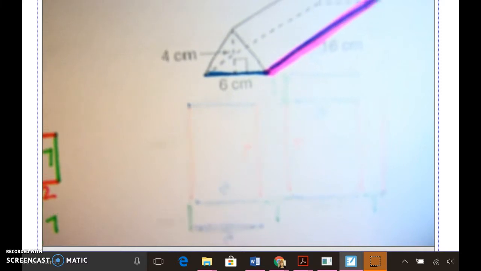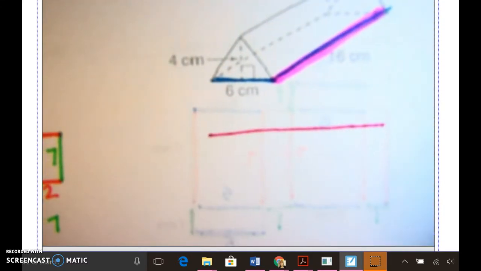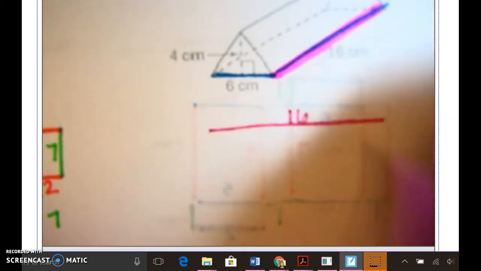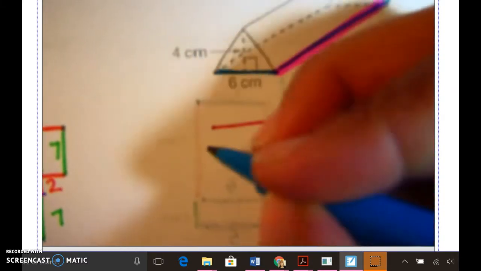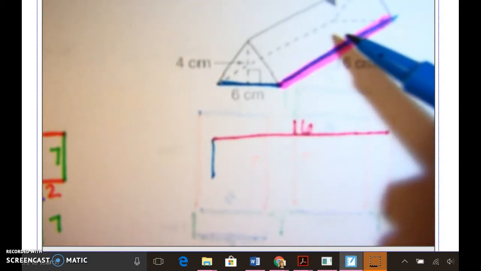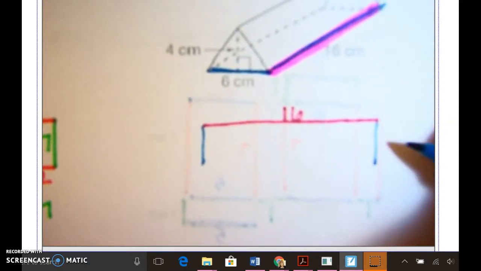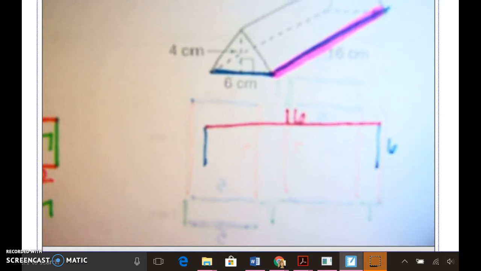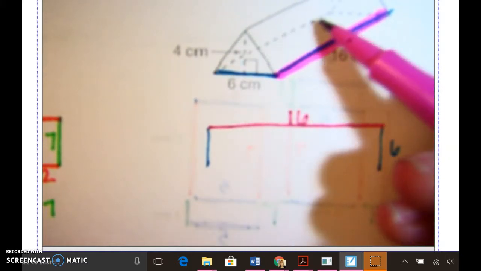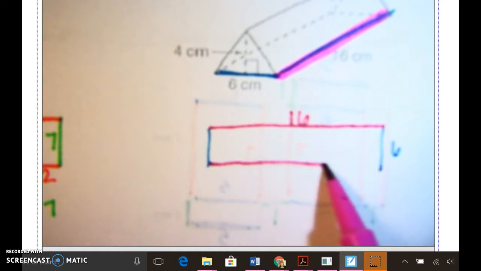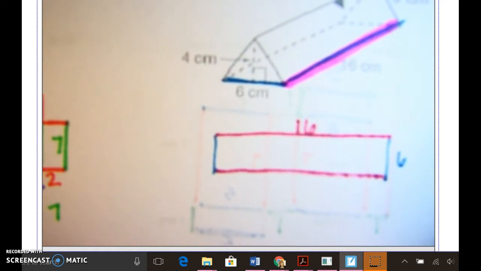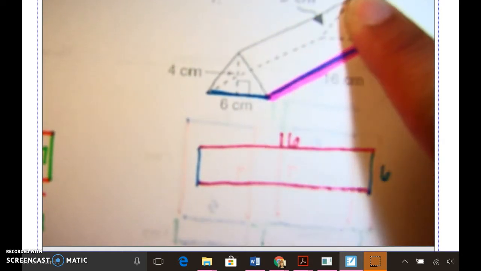So I could do a long side 16. And the side is going to be 6. I'm like drawing the bottom of this prism. This rectangle down here. Let's say this is 6. So that side's going to be 16 too. I'm drawing that side.